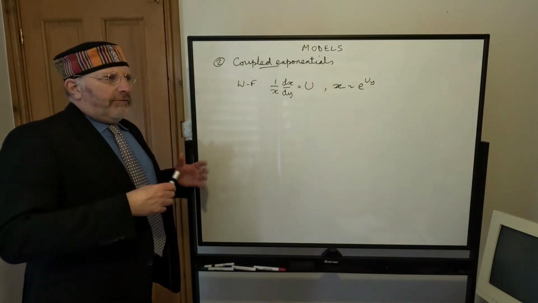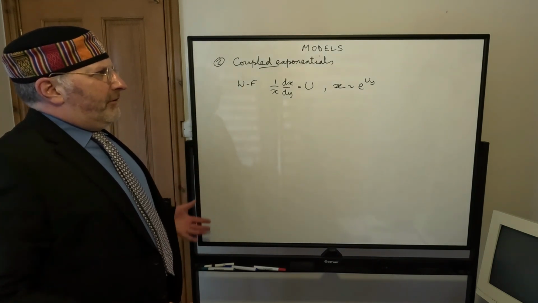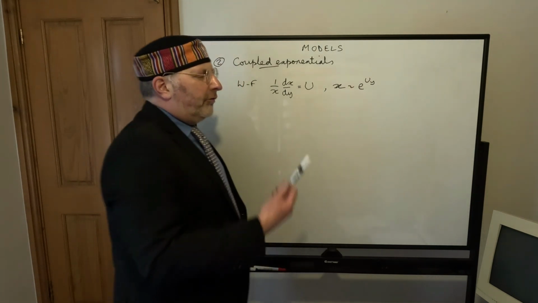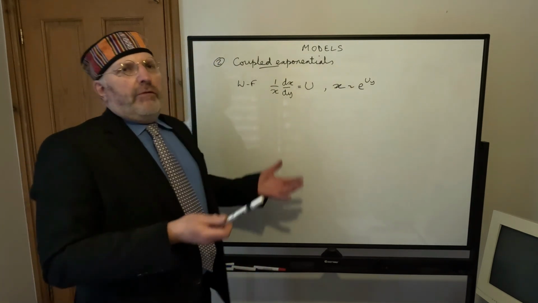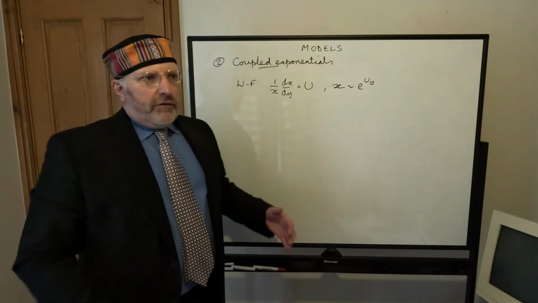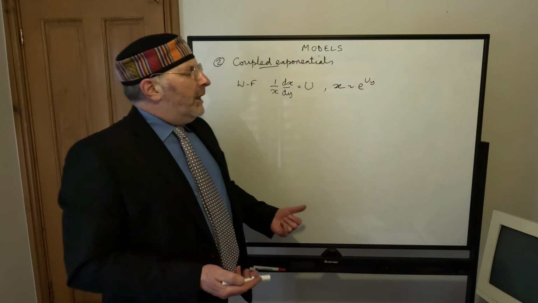To give a concrete illustration, not necessarily a very realistic one, suppose that we're talking about wars, and x is the size of the war, so it's the number of fatalities in the war, and y represents the number of grievances that are at stake in the war.